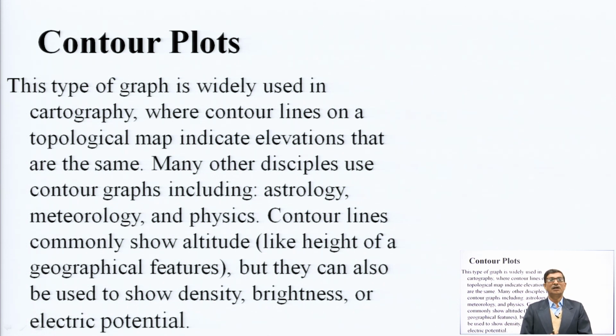Contour lines commonly show altitude, like the height of geographical features, but they can also be used to show density, brightness or electric potential.